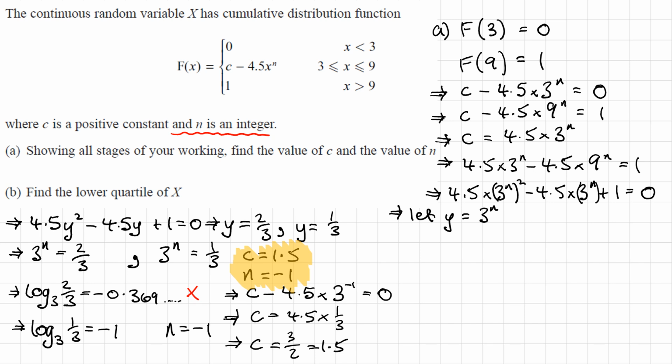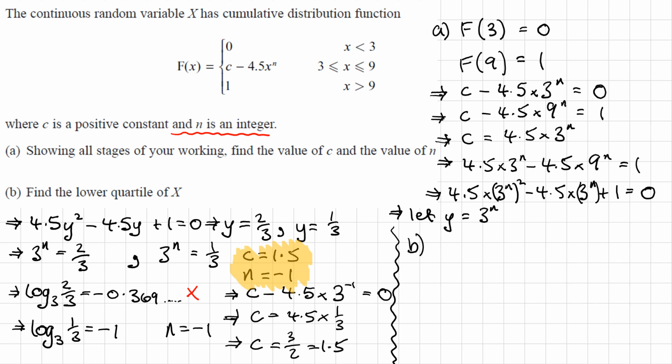And part B, find the lower quartile of X. This is when our CDF is going to be equal to 0.25. We've got a cumulative probability of a quarter to get us to the lower quartile. And so we'll take this with the values that we've worked out.